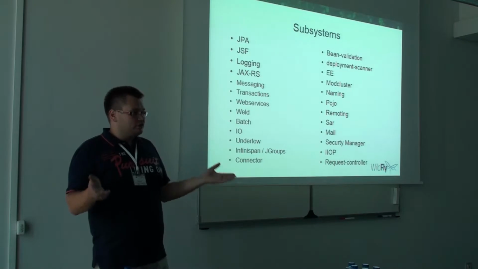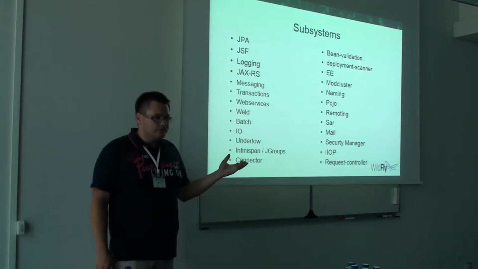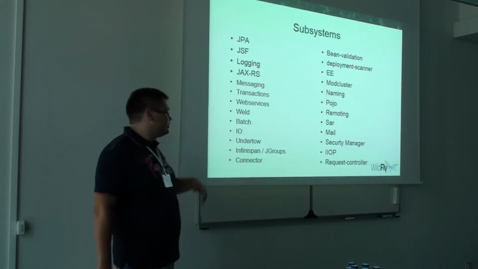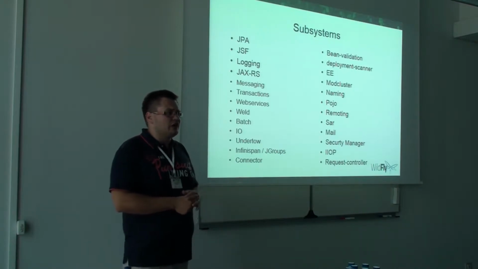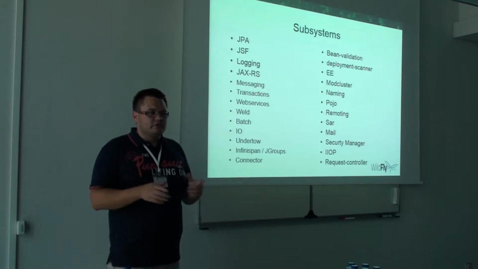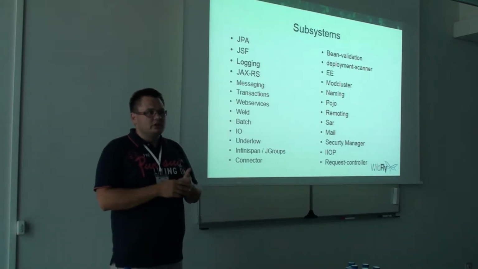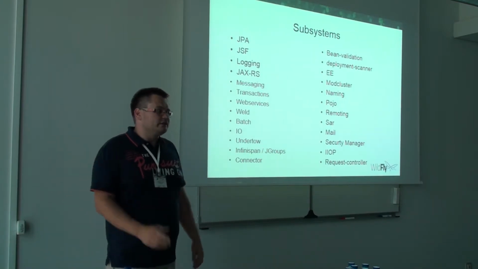You guys know Tomcat and JBoss Web probably from older versions. In WildFly 8 we replaced JBoss Web with Undertow, which is our own homegrown web server, which allows us to do lots of customizations of the server, like having a single port exposed on a firewall and do everything via HTTP upgrade and things like that.